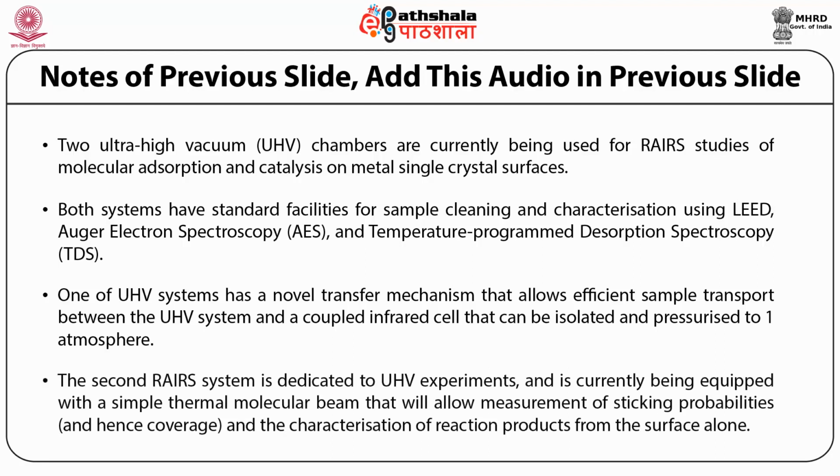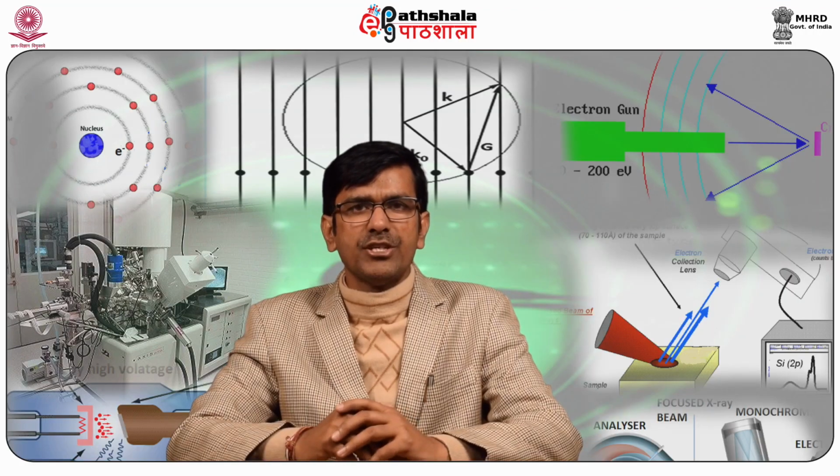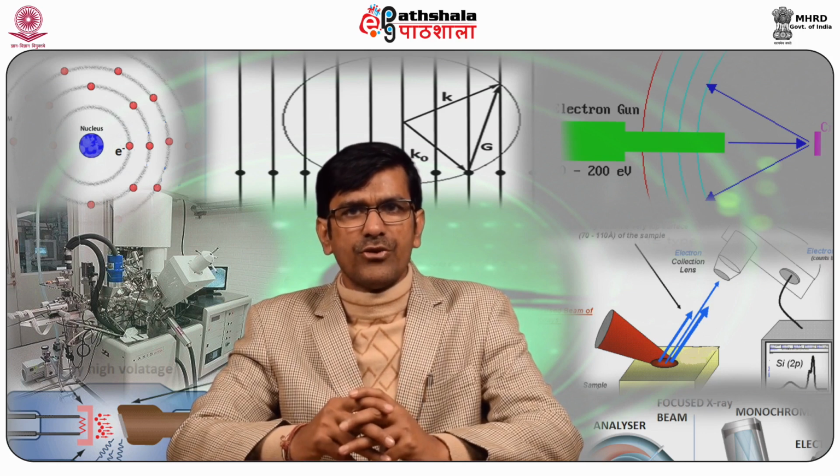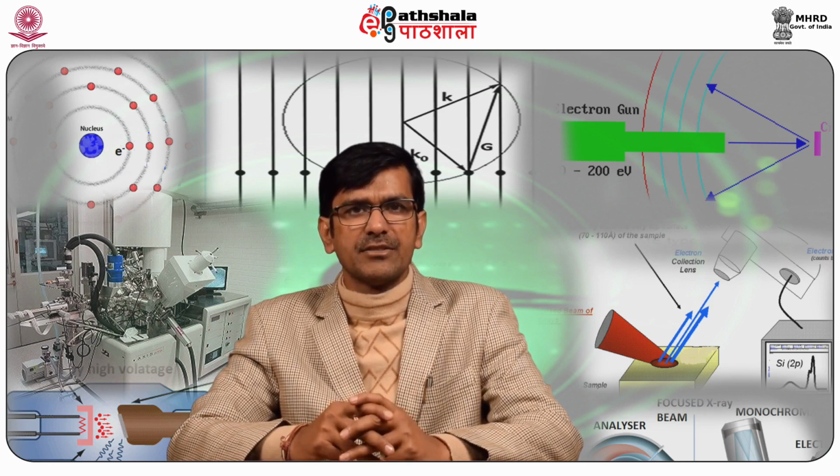The second RAIRS system is dedicated to UHV experiments and is currently being equipped with a simple thermal molecular beam that will allow measurements of sticking probabilities and hence the coverage, and the characterization of the reaction products from the surface alone. This experiment is mostly carried out with the sample placed in a UHV chamber, which is relatively large and is used for a range of other surface analytical techniques.